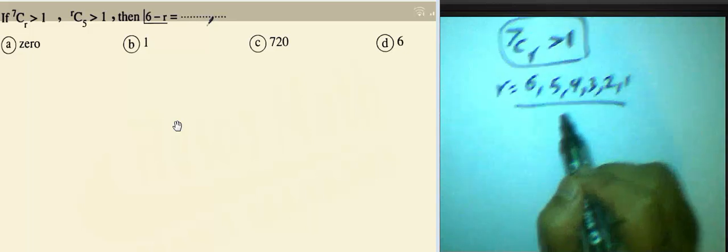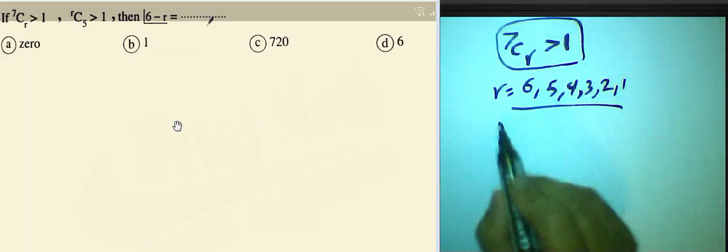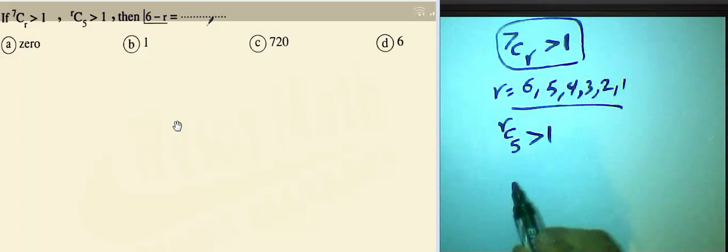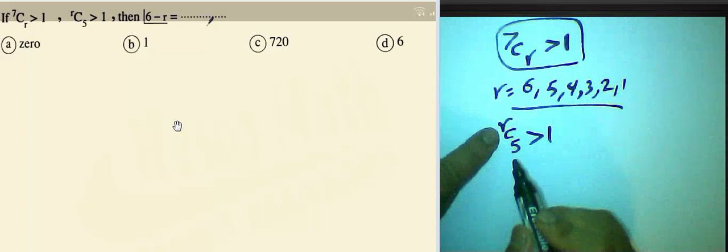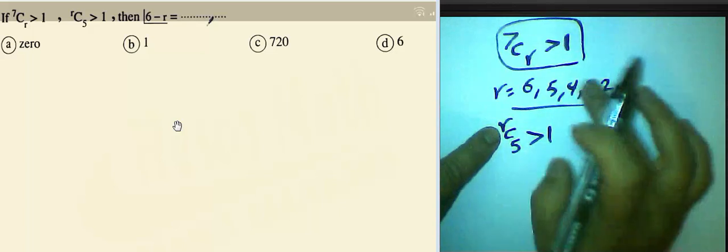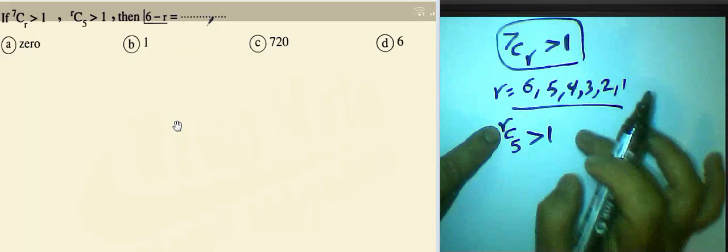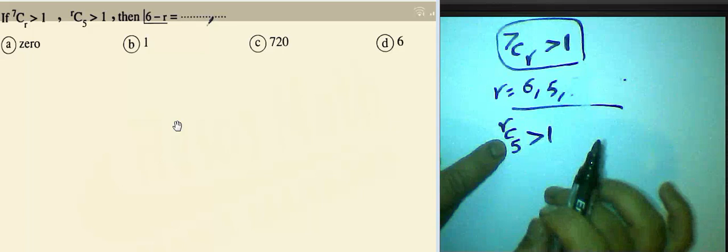That's the first piece of information, and he gives us rC5 greater than 1. But don't write r less than 5. If you write 4, it's wrong, and 3 too. It will be 6 or 5.